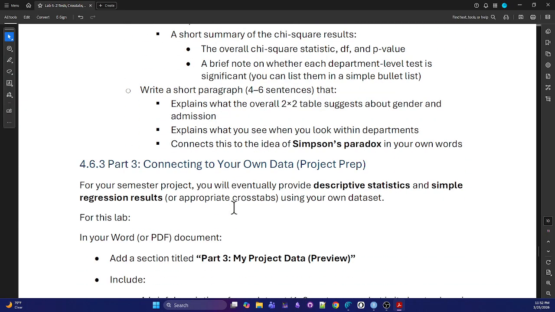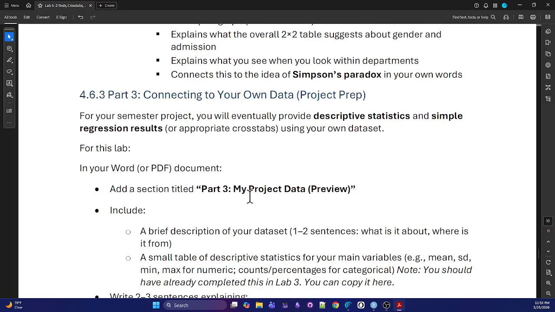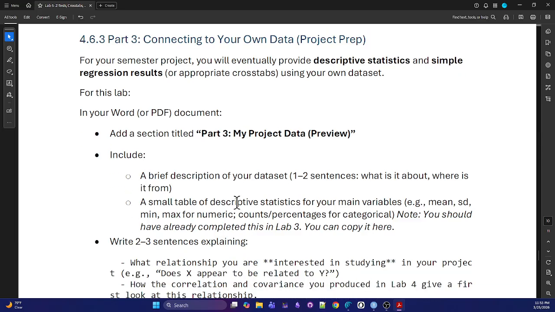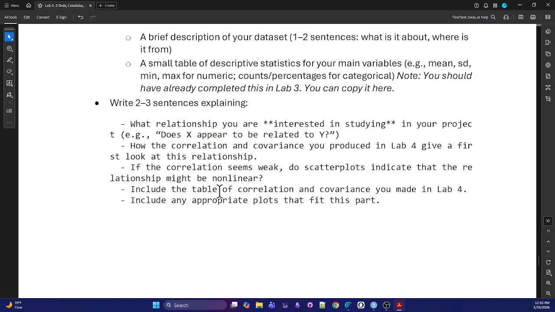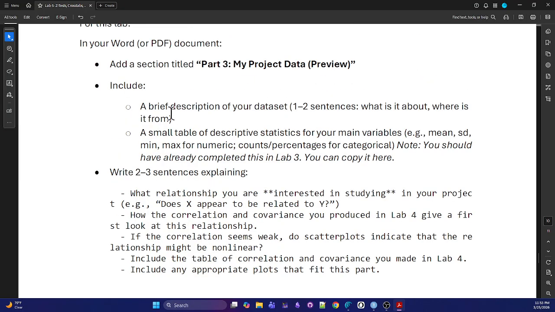And then the most important part is going to be connecting this to your own data. So what I want you to do for this one is actually write about your data. We're not doing a lot of statistics here. Instead, go as if it were the end of the semester and you were writing the introduction. Here's my data.